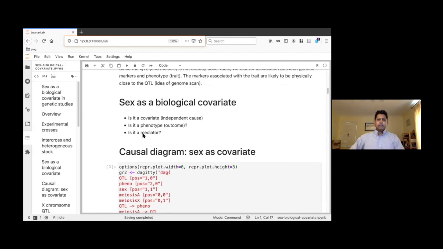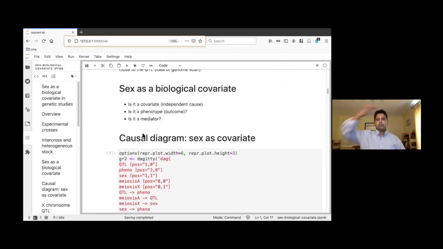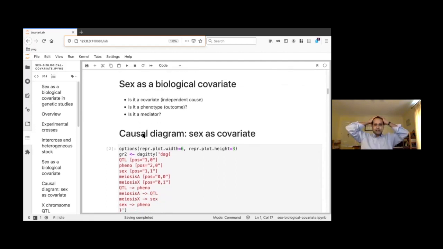Okay, now let's think about sex as a biological covariate. There are some philosophical questions, or maybe not completely philosophical, but at least some conceptual questions. Is it a covariate, that is, an independent, manipulable cause? Or is it a phenotype or an outcome?